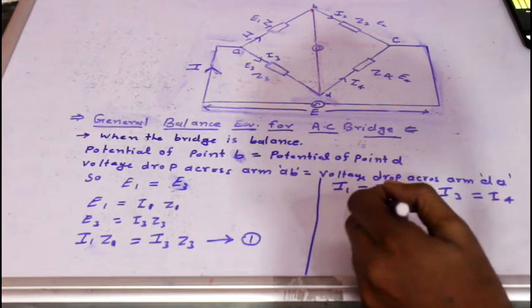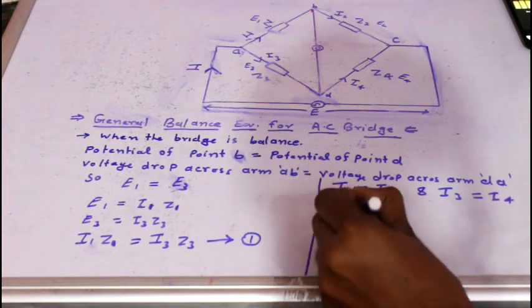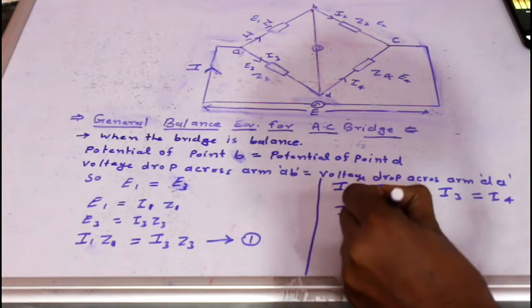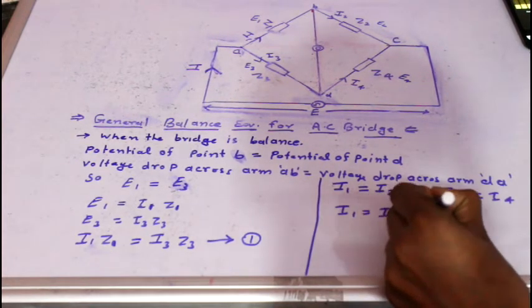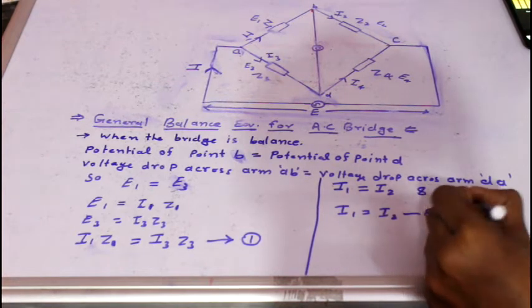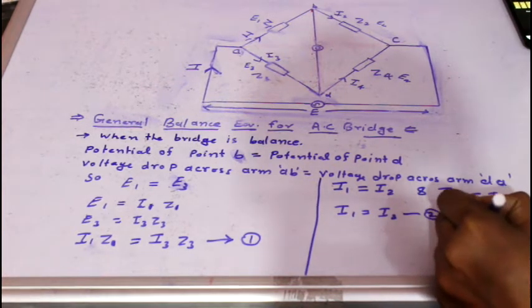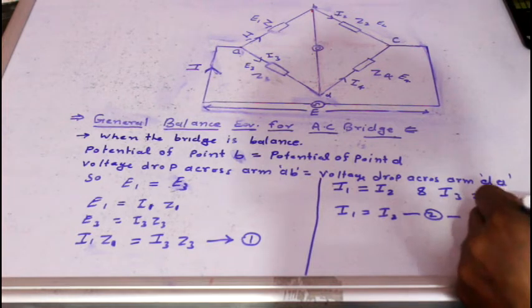So another equation we get, equation 2: I1 is equal to I2, and I3 is equal to I4.